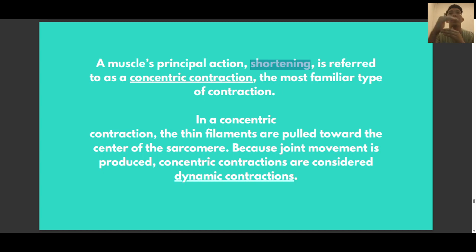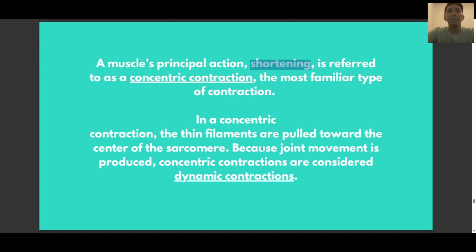Remember the thick and thin filament in the sliding filament theory, they slide across each other, right? So a muscle can also act without moving. When the muscles act without moving, the muscle generates force, but its length remains static or unchanged. So this is called the static or isometric muscle contraction.